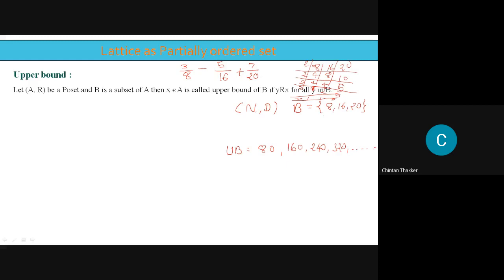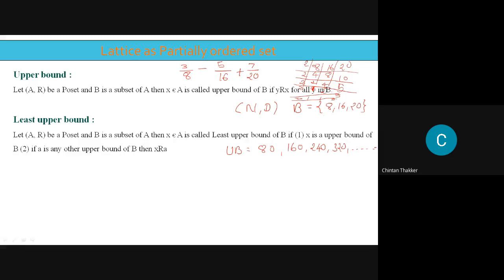Okay, so these all are upper bounds. Now which one is the least upper bound? We have the upper bounds; now we find the least upper bound. Least upper bound means: here we have a poset (A, R), B is a subset, and x belongs to A. It is called the least upper bound of B if x is an upper bound of B. The second condition is, if you take any upper bound a, then x is related to a.